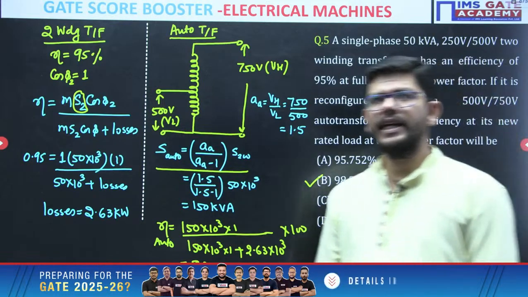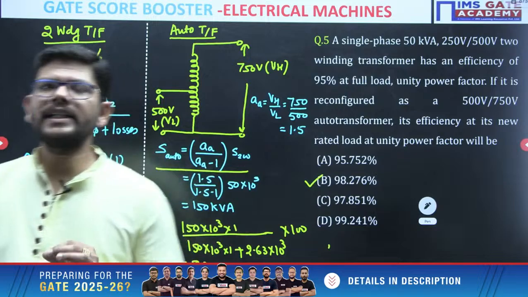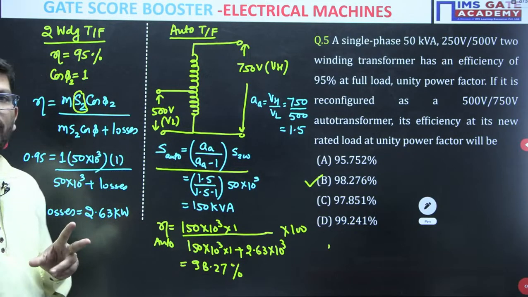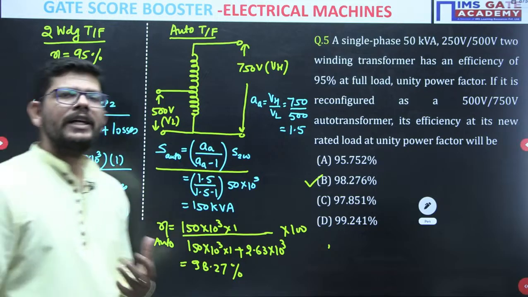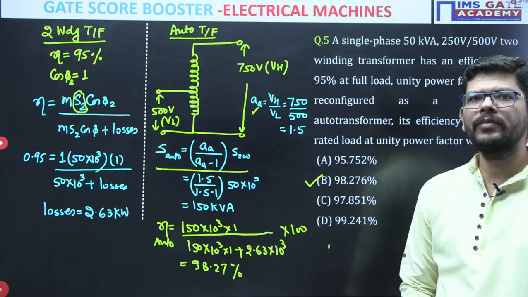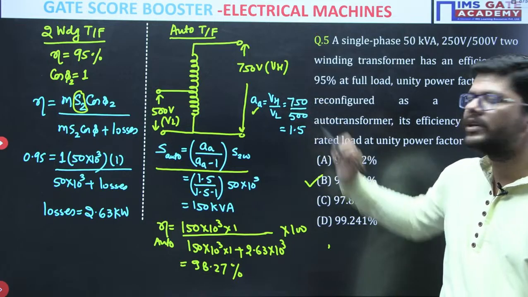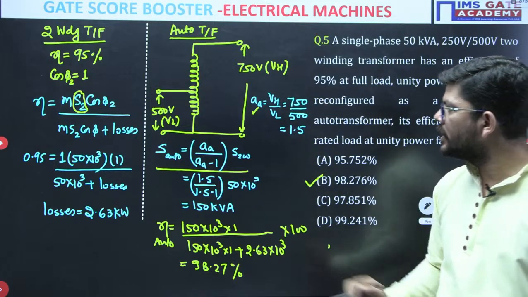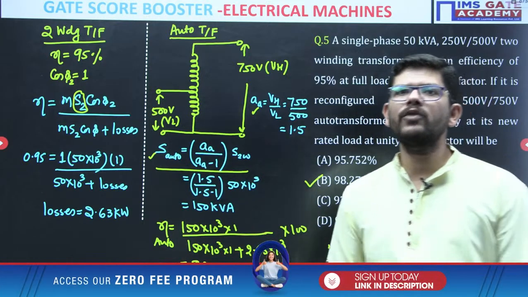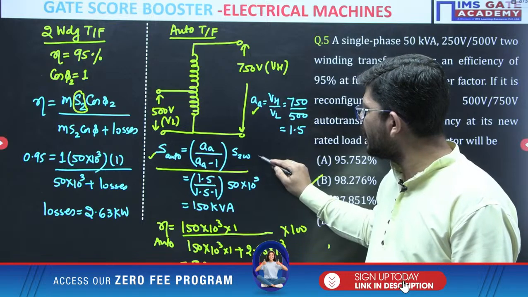Very good. Through this question I just want to make you comfortable in two topics. When it comes to the auto transformer and the two winding transformer, the transformation ratio is always the high voltage side to the low voltage side, and then this formula for how to calculate the kVA of the auto transformer. Many times they have only asked to calculate this.